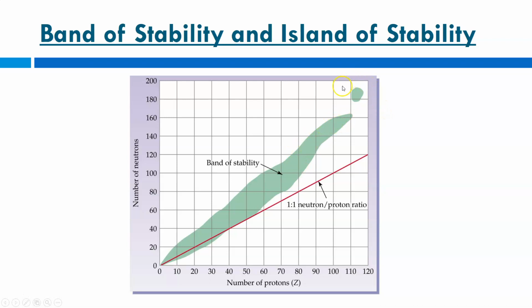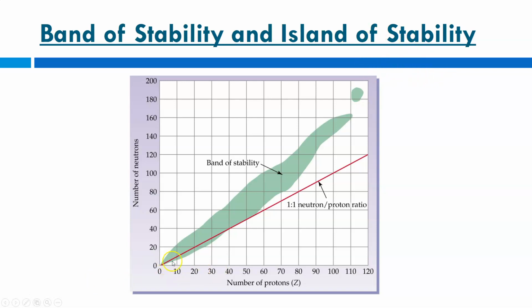Up here, do you see this little blob? We call that the island of stability. We don't really know why it's kind of set off by itself. There are people who are researching just things inside this island. There are people who are looking to see if we can find another island of stability somewhere else as well.